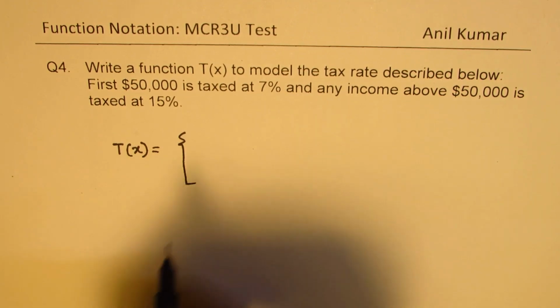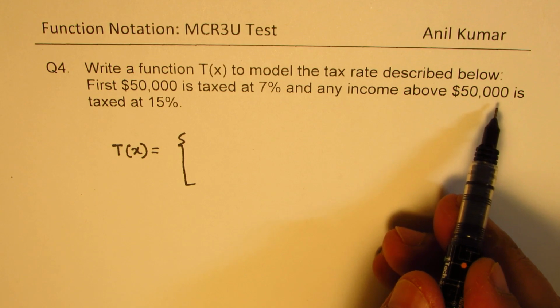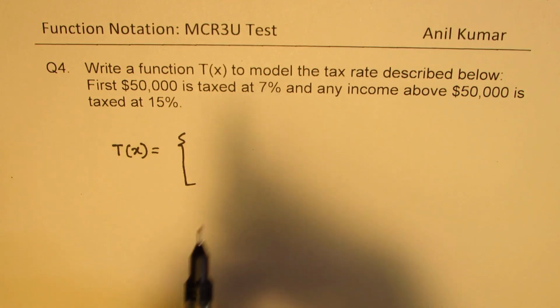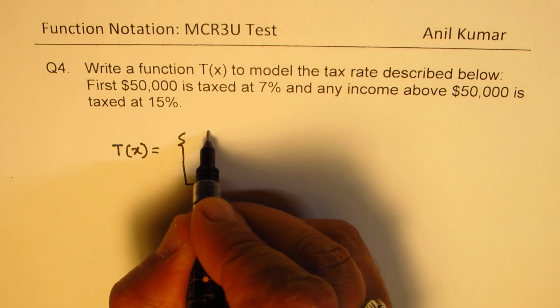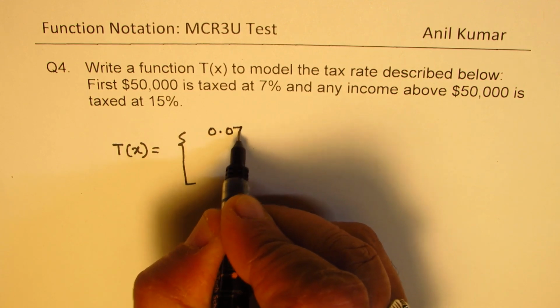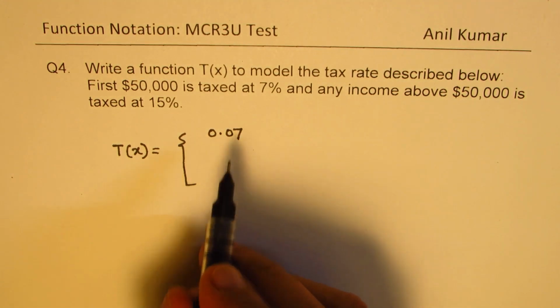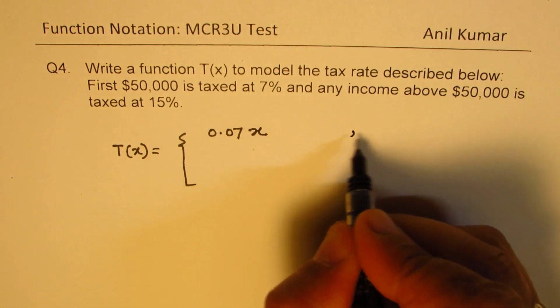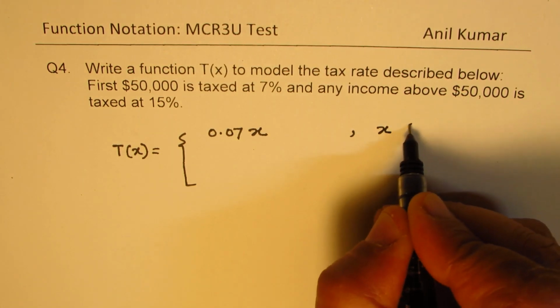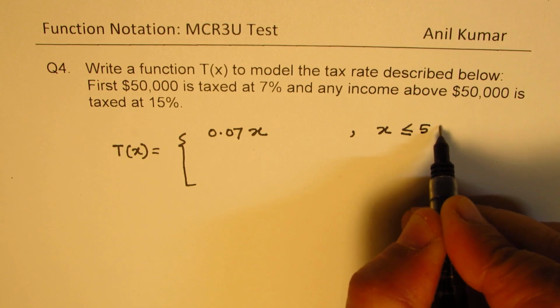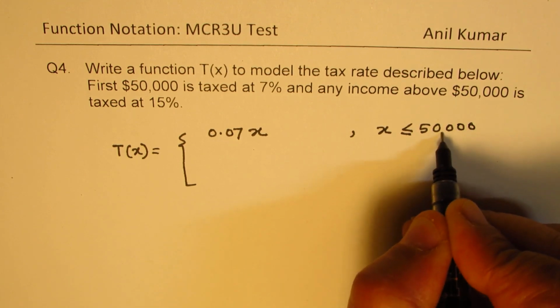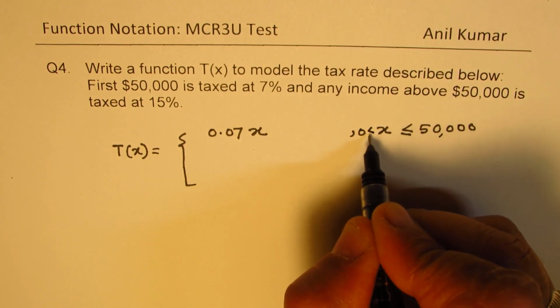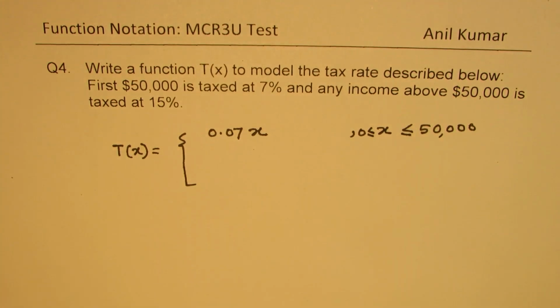So one is for the first 50,000 and it is taxed at 7%. 7% means 0.07. So it is 0.07 of any amount x. Now this amount x should be less than or equal to 50,000, correct? Of course, it will be greater than or equal to 0, right?